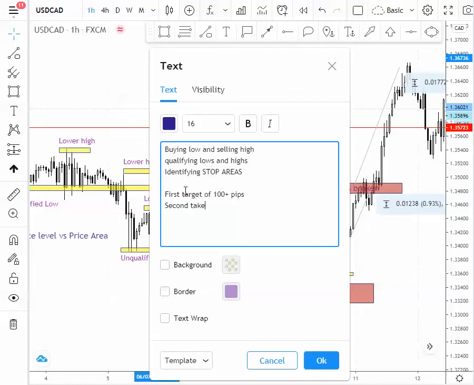I'm not going to say target, I'm just going to say take profit, because at one time frame up there, we would have continued to hold on to the one time framing up of plus 250 pips.